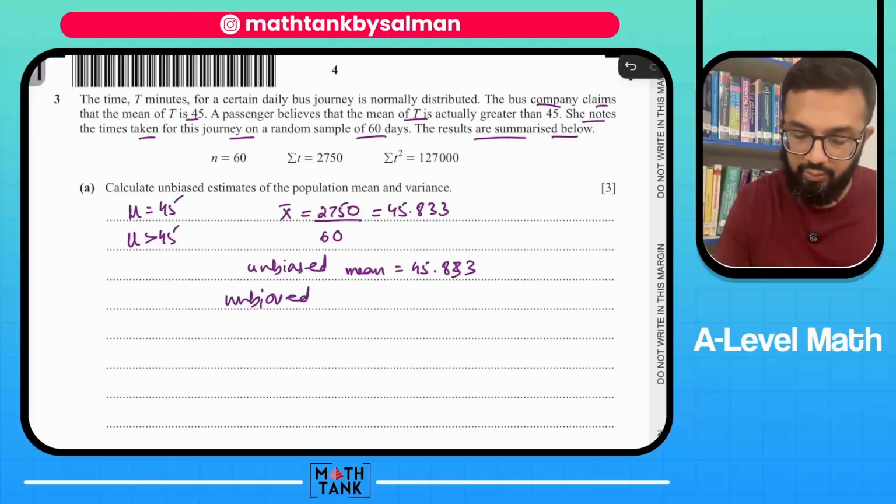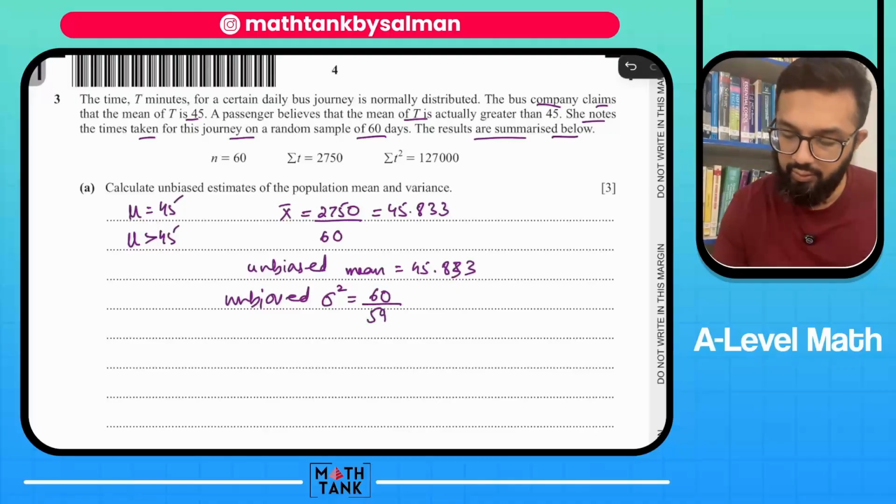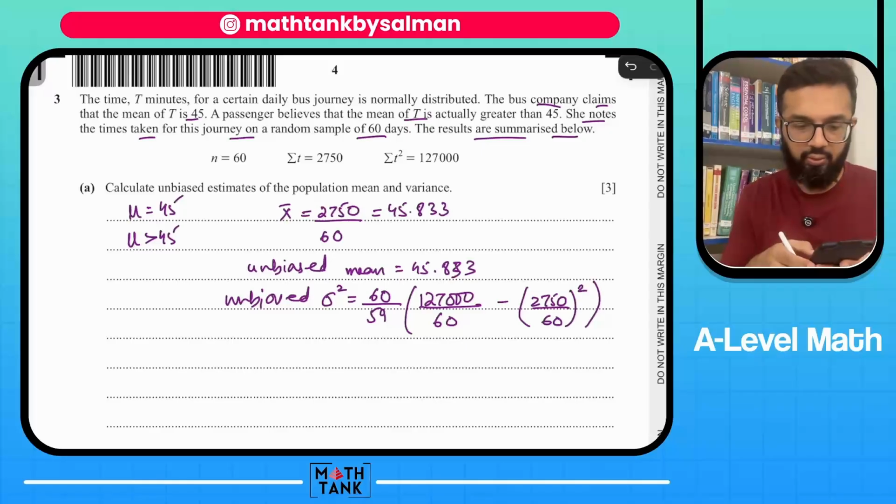The unbiased sigma squared is 60 over 59 times (127,000 divided by 60 minus (2750 over 60) squared).